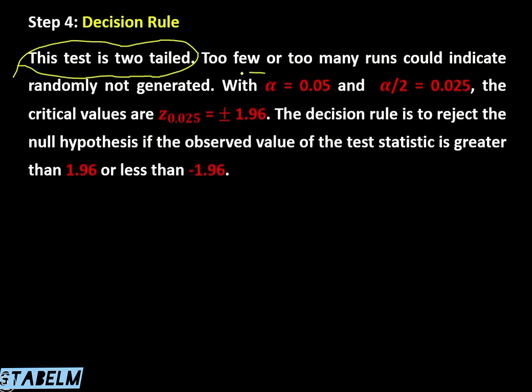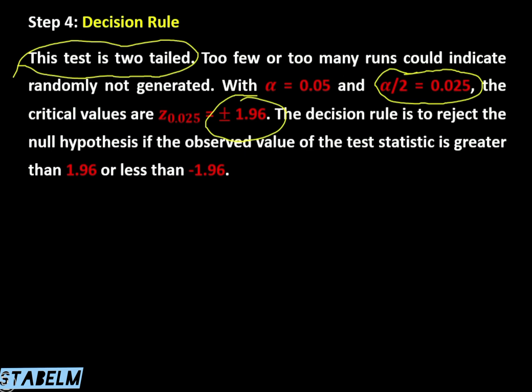Again, we remind ourselves that our level of significance remains 0.05, and by the time we divide this by 2, we're going to have 0.025, because we are dealing with a two-tailed test. Now the critical value for the standard normal at 0.025 is plus or minus 1.96, that is minus 1.96 as the lower bound and plus 1.96 as the upper bound.